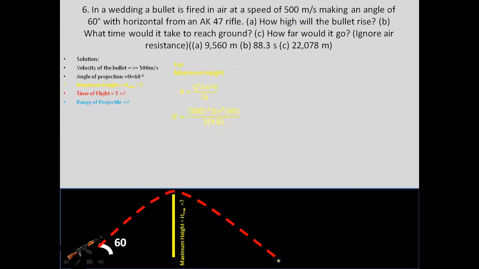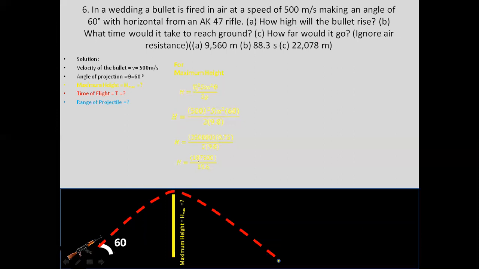Putting in the values, what do we get? We get h is equal to 500 squared sine squared 60 divided by 2 into 9.8. Putting in the value of g, its value will be 100,000 into 0.75 divided by 2 into 9.8. So multiply 100,000 by 0.75.